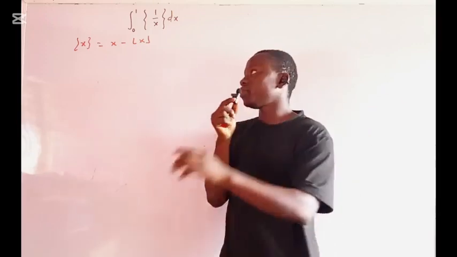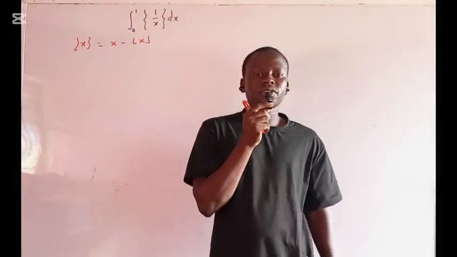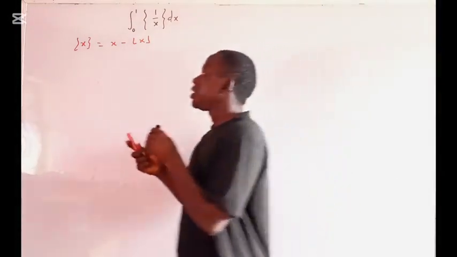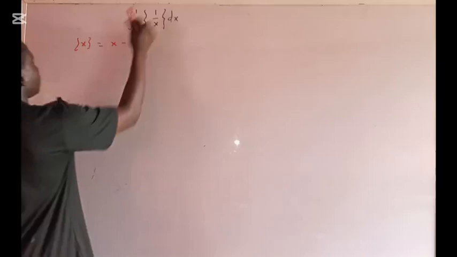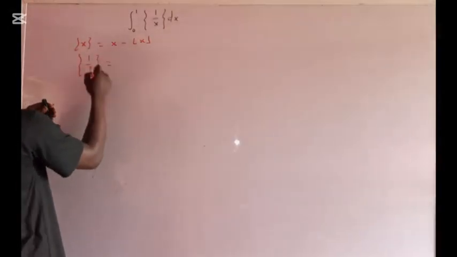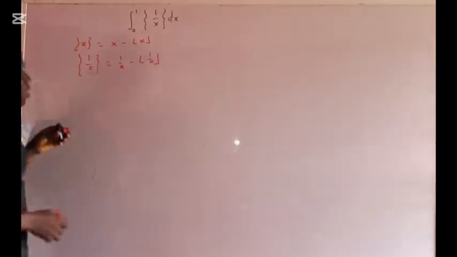That's the difference between the fractional part function and the floor function. The quantity given to us here is the fractional part function of 1 over x, so this will be equal to 1 over x minus the floor function of 1 over x.